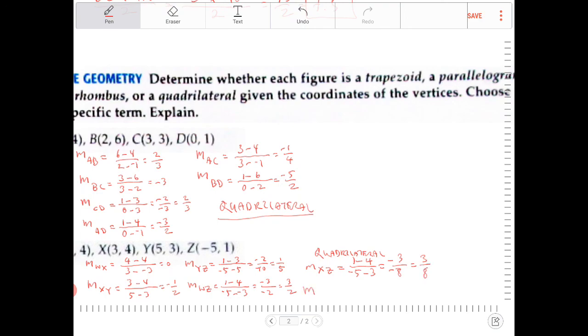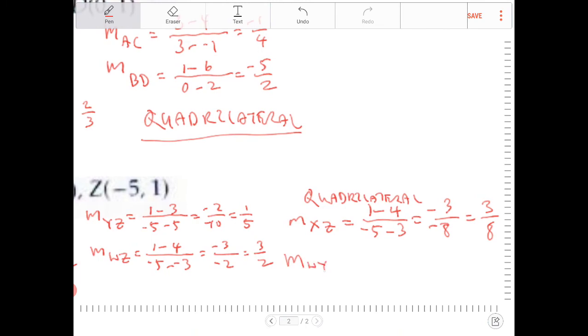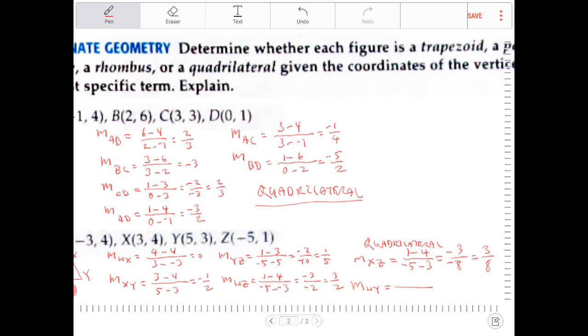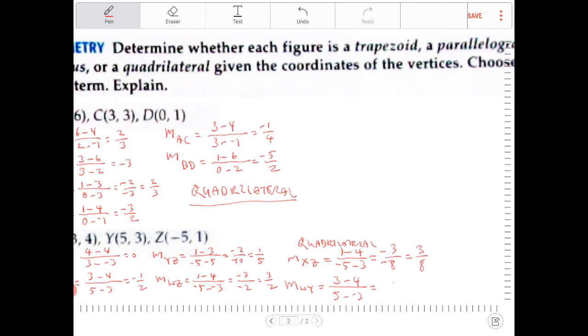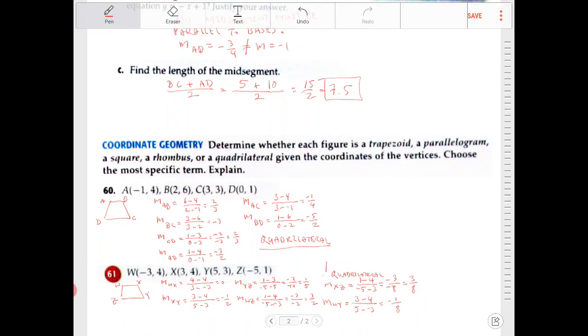And I want to find the slope of WY, which is 3 minus 4 over 5 minus negative 3, which is negative 1 over 8. So the diagonals are not perpendicular. So yes, this is just a quadrilateral.